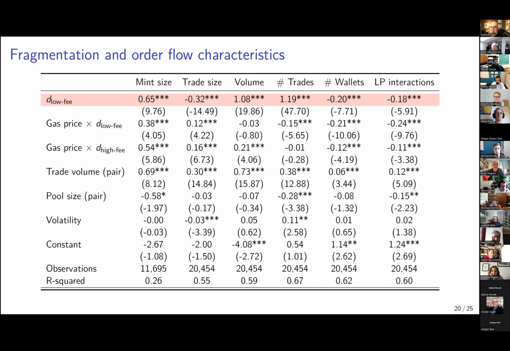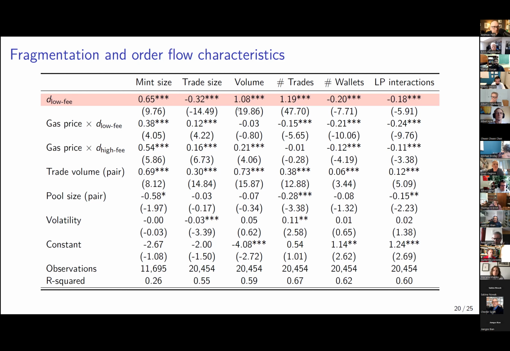All right, so we obviously do some regressions on our data, and we confirm that low fee pools have, these are all in logs, so this is the 90% effect actually in absolute terms, 90% larger liquidity deposits, lower trade sizes.